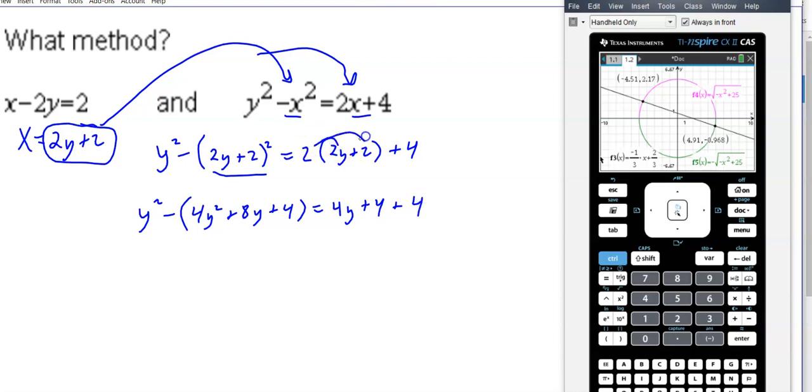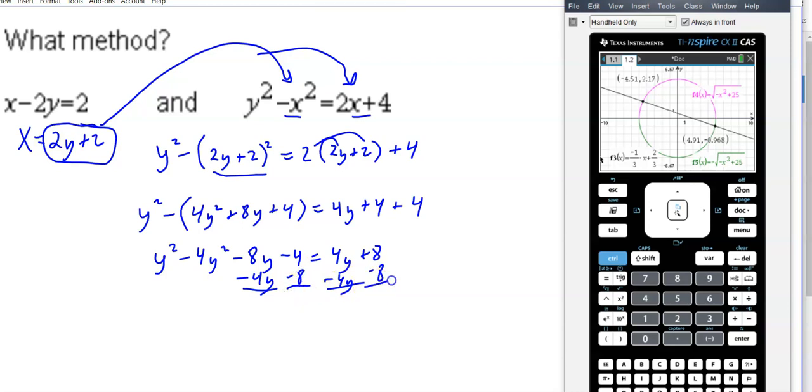I'm going to distribute there, so I get y squared minus 4y squared minus 8y minus 4 equals 4y plus 8. I'm going to subtract those two, so subtract 4y here, subtract 8, and I get equals 0 over here.